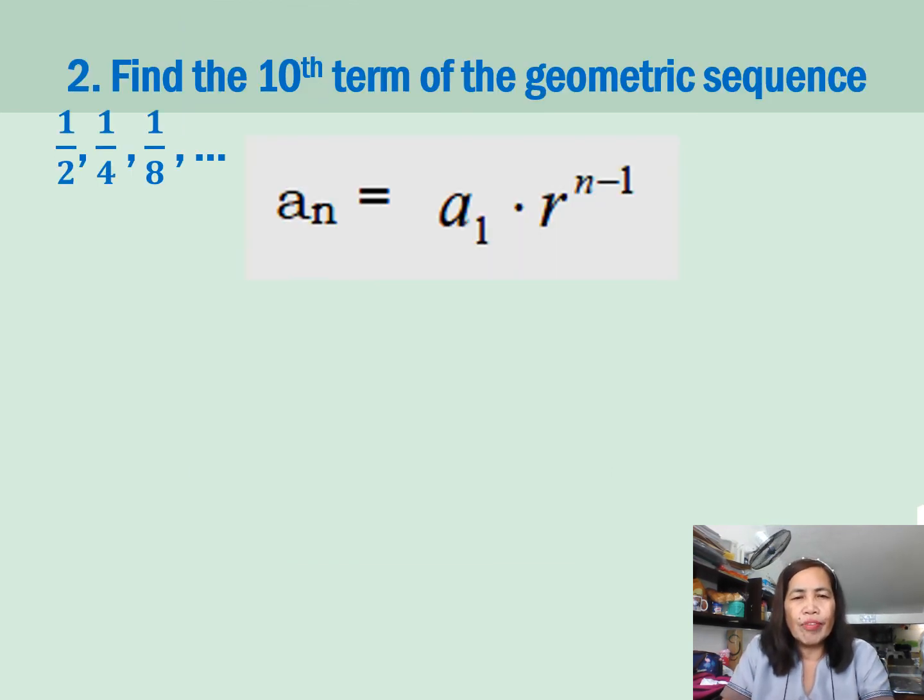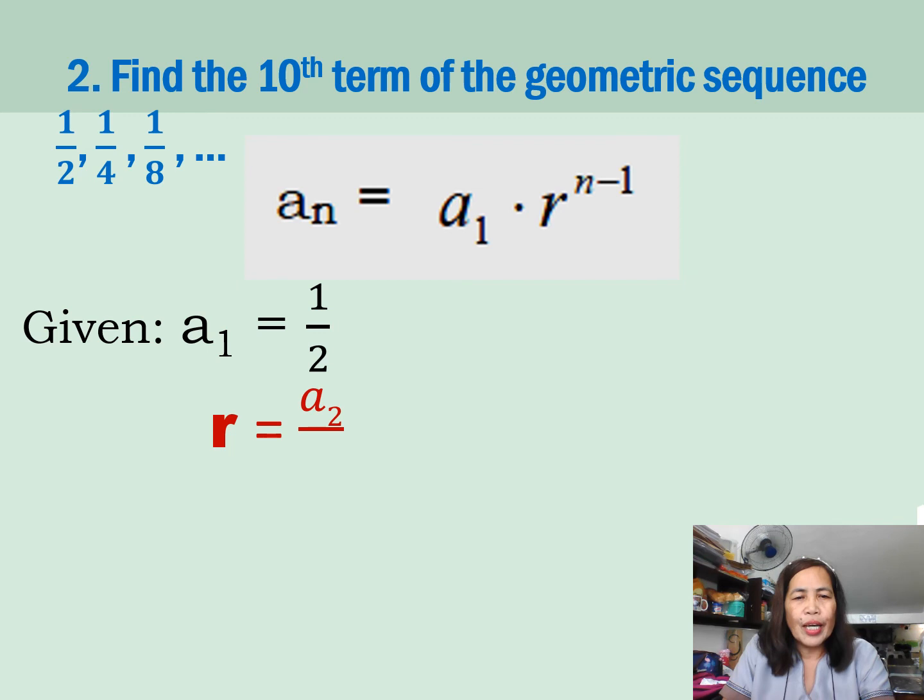Another example, find the 10th term. So we have 1/2, 1/4, 1/8. Similarly, you identify the first term, which is 1/2. And then to get the ratio, get two terms. So we have 1/4 divided by 1/2.